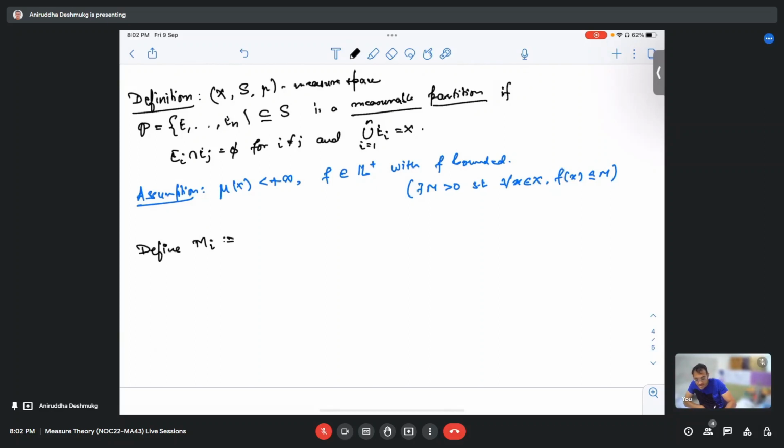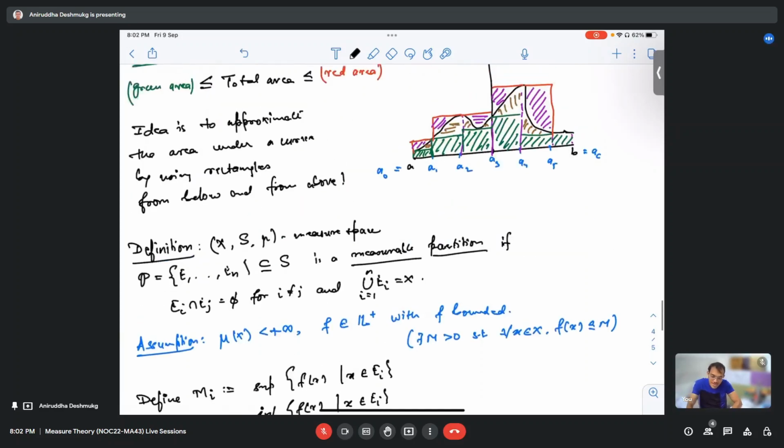Let us define capital Mi as the supremum of f(x), where x varies in Ei, and small mi as the infimum of f(x) as x varies in Ei. Notice that here also we did the exact same thing. In each of the smaller subintervals, we looked at the supremum of the function, looked at the infimum, and made the rectangles.